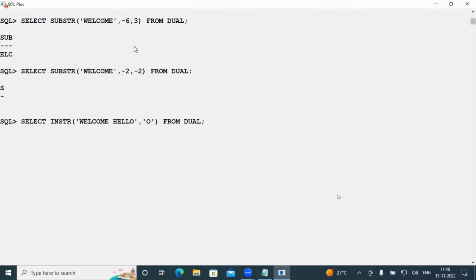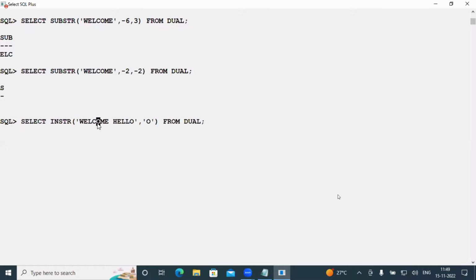So now, in this string expression, I want to find the O position number. Here two O's are there, first O here, second O here. First O is in which position?